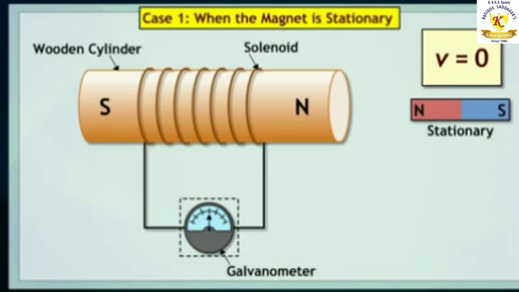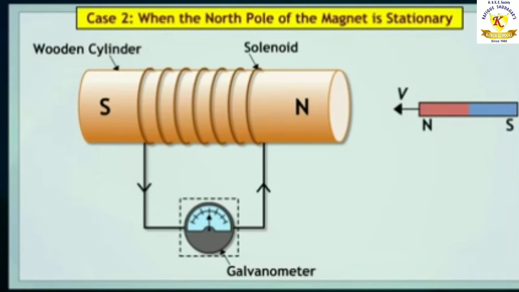The reading of the galvanometer is 0 when the magnet is stationary, which means the magnet is not moving. The pointer of the galvanometer deflects towards the right when the north pole of the magnet is moved towards the solenoid.